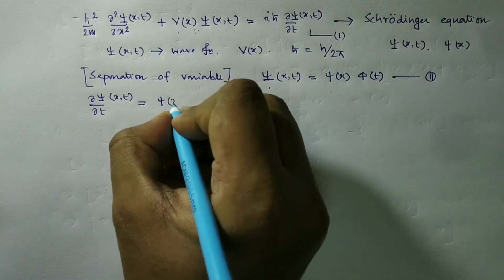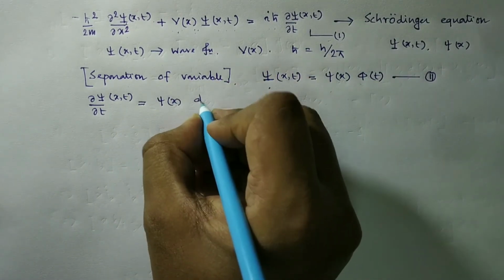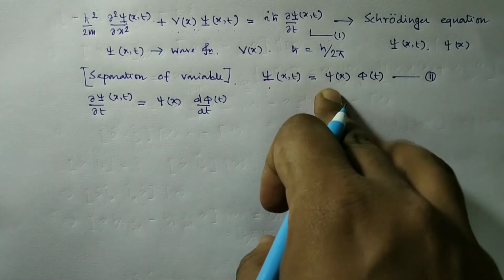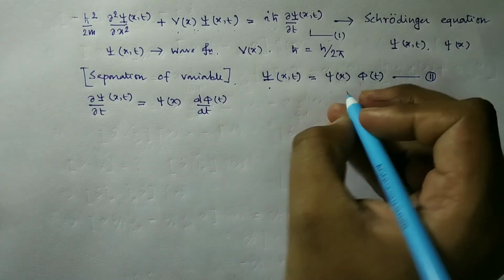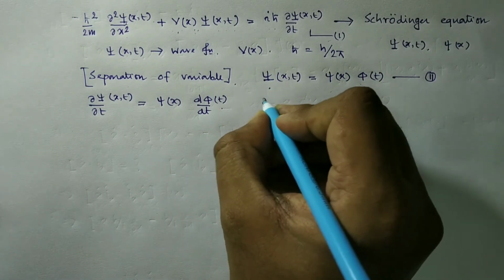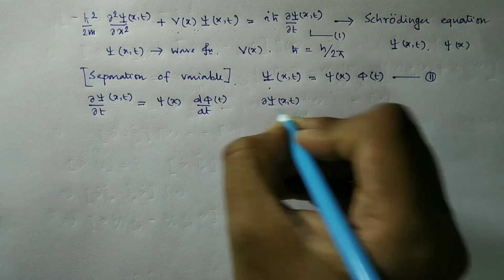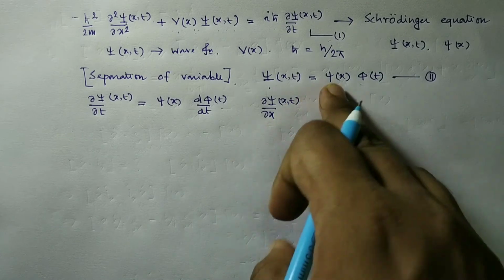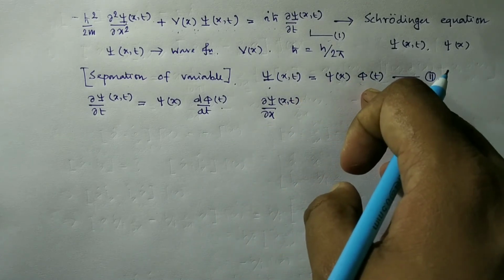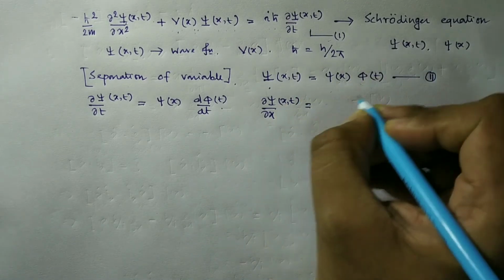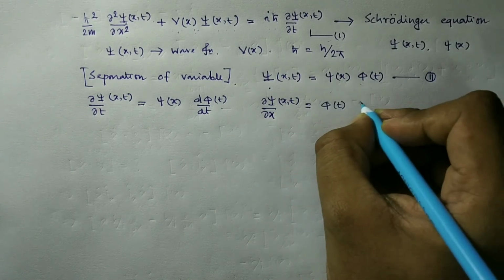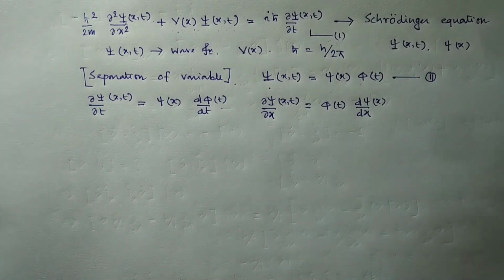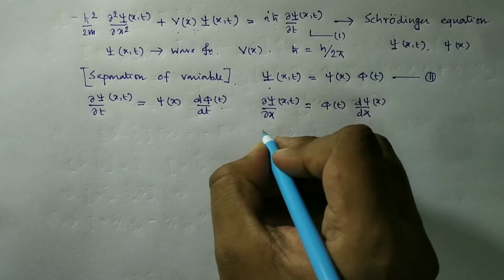So it will be ψ(x) dφ/dt, because φ is only a function of time and ψ is only a function of x. And del Ψ(x,t) del x: when we differentiate with respect to x, φ(t), being a function of time, appears as a constant. So we have φ(t) dψ(x)/dx.